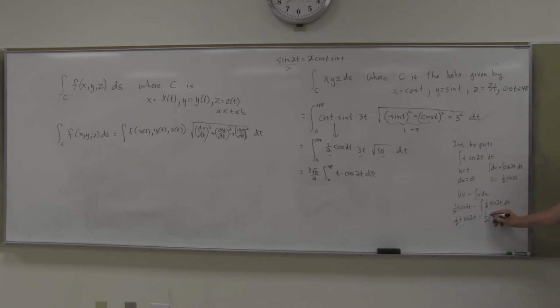What it amounts to is we'll have another 1/2, and again the sine is negative cosine. So we wind up with a half t sine 2t, I believe, plus a fourth. You got a minus and a minus. Cosine 2t is what that integral winds up being.